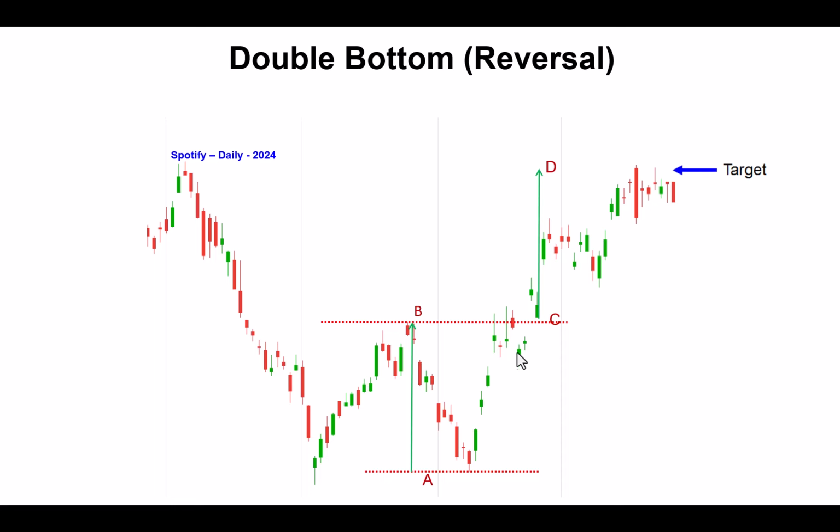We had a little bit of correction, as you can see, and then I will place my stop right there below that level and say, okay, if it's being thrown back below that horizontal B line there, or C line, which it actually is, well, then I would place my stop right there.